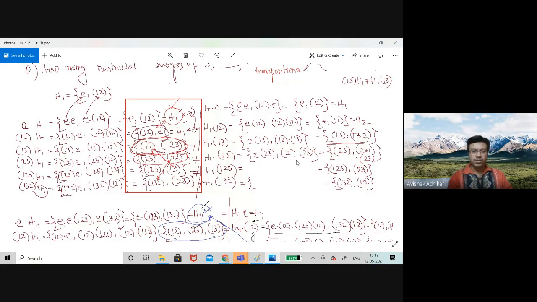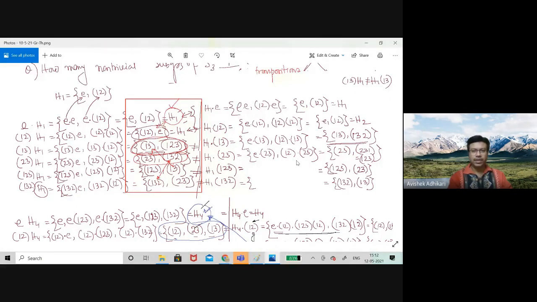So the number of distinct left cosets was 3. Though we multiplied from the left with 6 distinct elements and get 6 sets, ultimately, if you look carefully, we get 3 distinct left cosets.